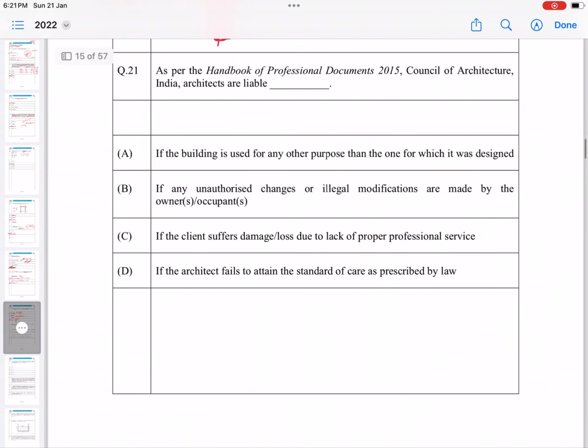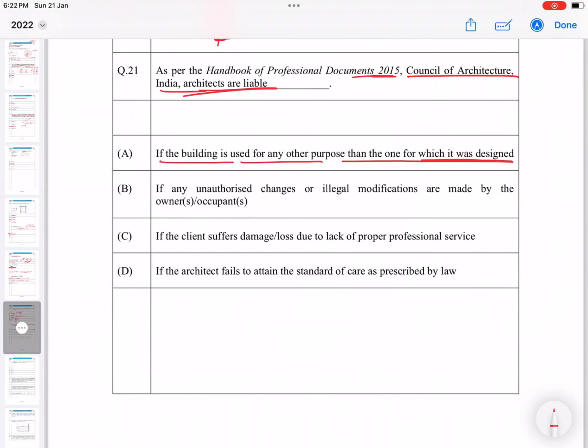Moving on to question 21. As per the Handbook of Professional Documents, 2015, of the Council of Architecture India, architects are liable if the building is used for any purpose other than the one it was designed for? No, architects are not responsible or liable for this. If any unauthorized changes or illegal modifications are made by the owner, the owner or the occupants will be liable if they make any unauthorized changes and the architect does not know about it at all.